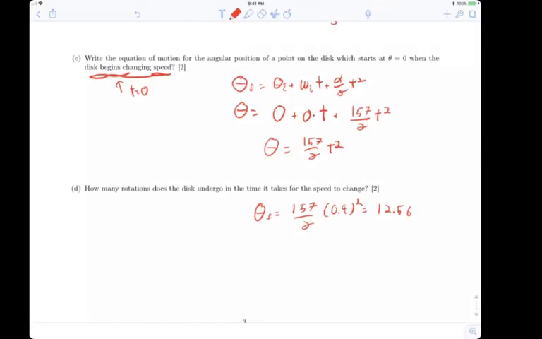This is in radians. We're asking about rotations, so I want to write it in rotations. There's one rotation every 2 pi radians, so I'm going to divide this by 2 pi. And it's 2 rotations.